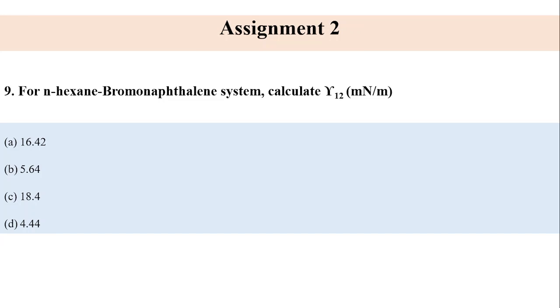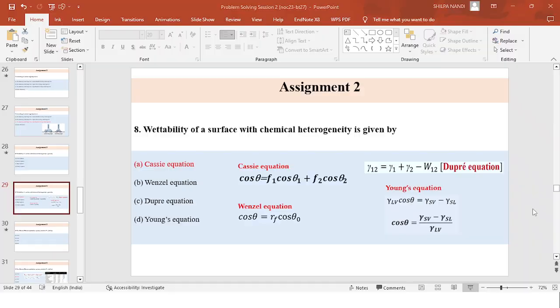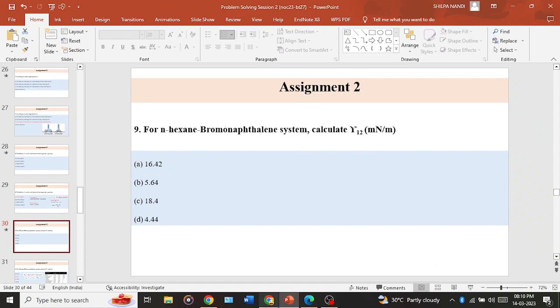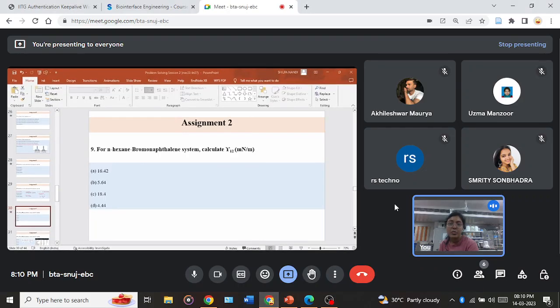Your options are A 16.42, B 5.64, C 18.4, and last D 4.44. So we have to calculate gamma 1,2 in millinewton per meter for an N-hexane and bromonaphthalene system.